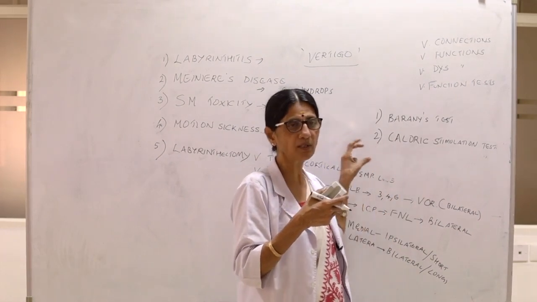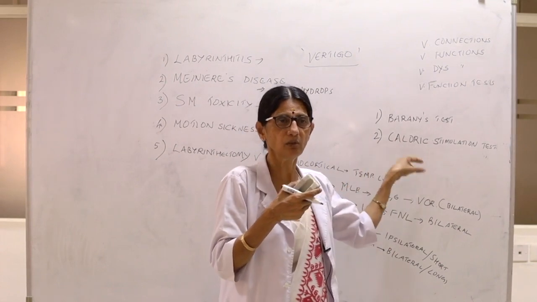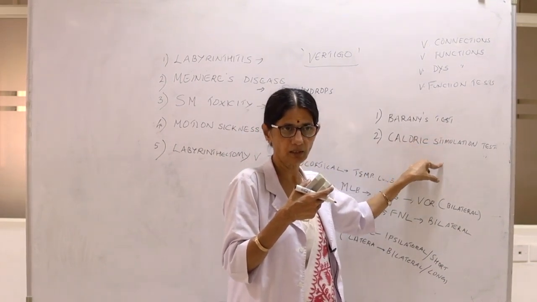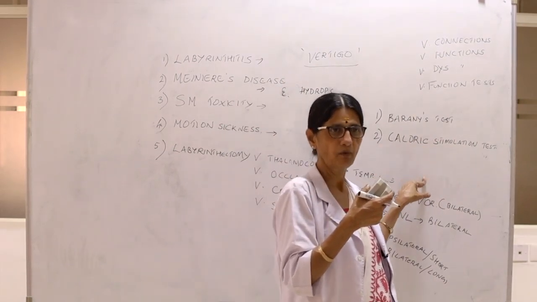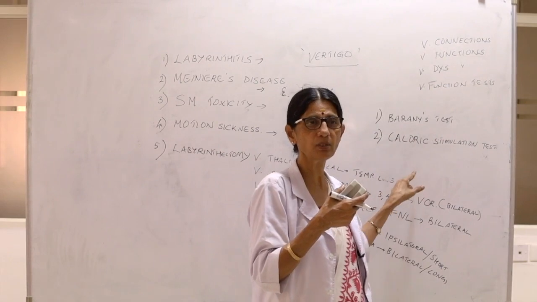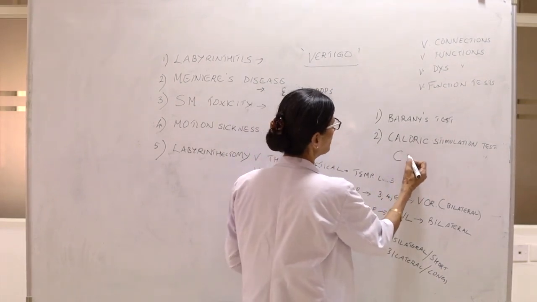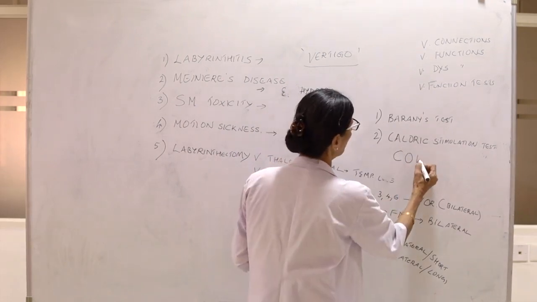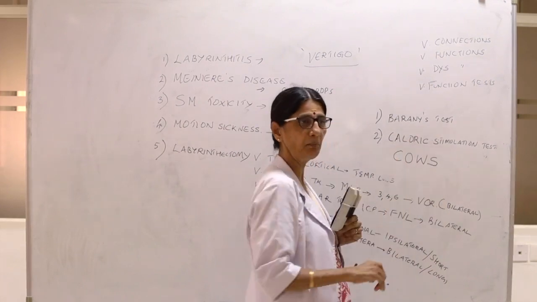If cold water is irrigated on one side, stimulating the semicircular canals, the nystagmus will be in the opposite direction. If it is warm water, it usually produces nystagmus in the same direction.